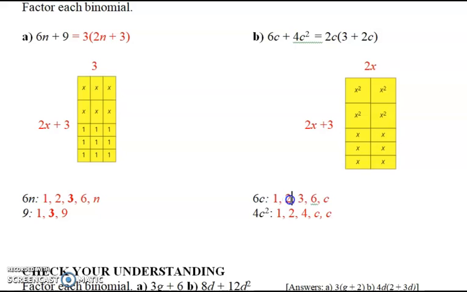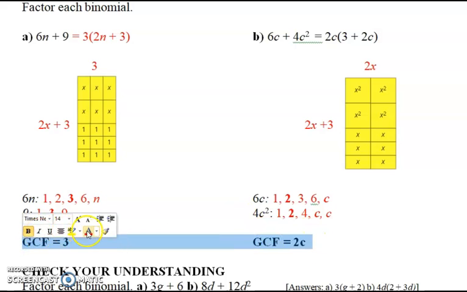And for the GCF, you take the number, hold that, and then you also take any common letters as well. So the GCF in the first one here was 3, but the GCF here is 2c. You've got to take both, right?